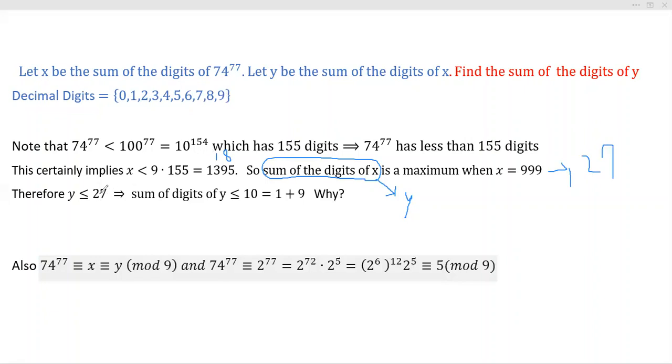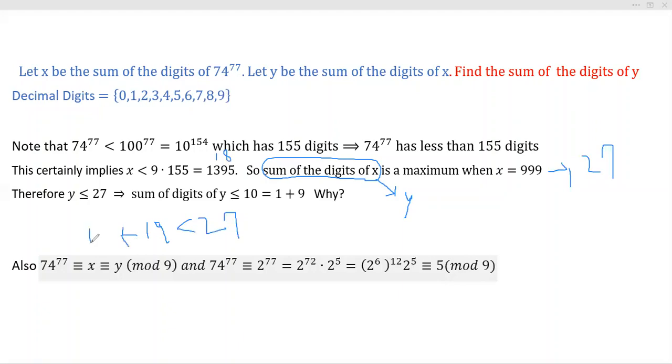We could write down that y, which is the sum of the digits of x, is less than or equal to 27. Now, the sum of the digits of y has to be less than or equal to 10. If you look at that, 19 is less than 27, but 19 has a sum of the digits equal to 10.